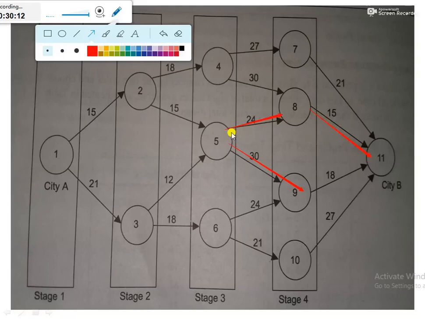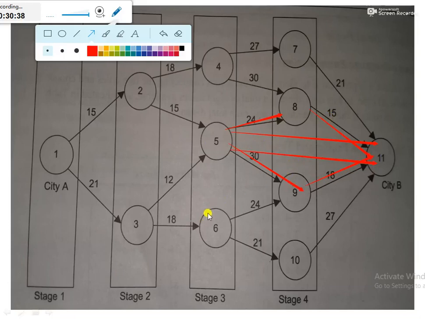So total time taken between 5 to 8 and 8 to 11 would be equal to 24 plus 15, that is equal to 39 hours. And if he takes the route 5 to 9 and 9 to 11, then the total time taken would be equal to 30 plus 18, that is equal to 48 hours.